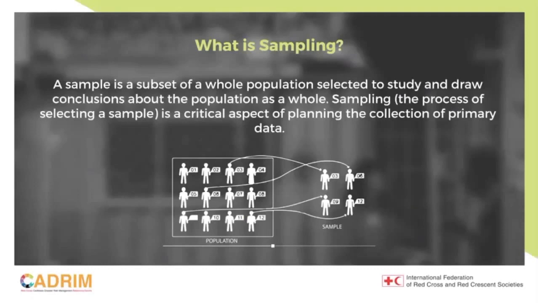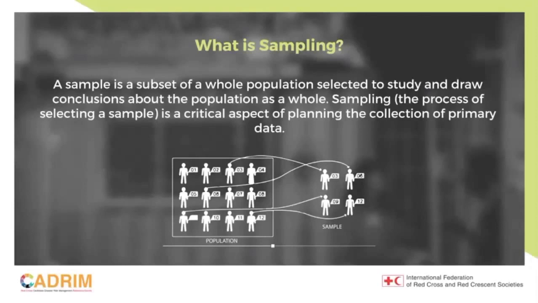So what is sampling? Let's talk now about basic concepts of how you can select a sampling method and what is a sample. A sample is the group of the population that we select to study, and from which we are going to draw conclusions about the population as a whole.